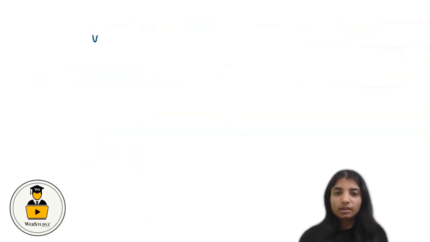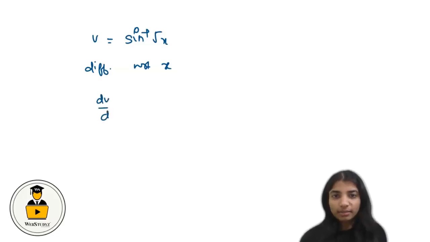Now the value of v is equal to sine inverse of under root x. So we are going to differentiate with respect to x. So dv divided by dx is equal to d divided by dx of sine inverse of under root x.